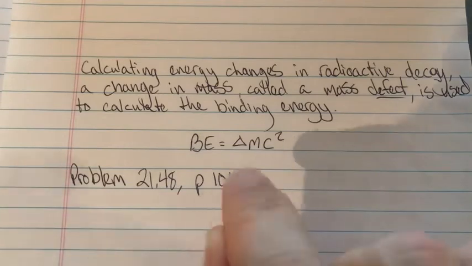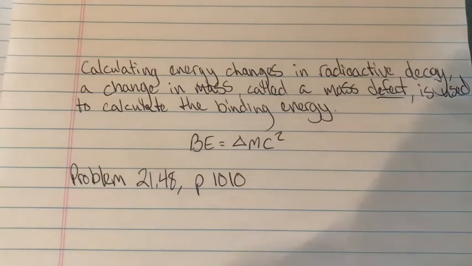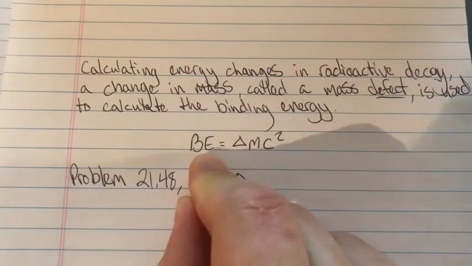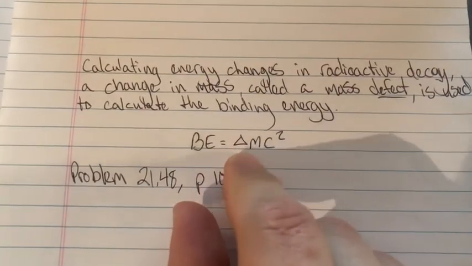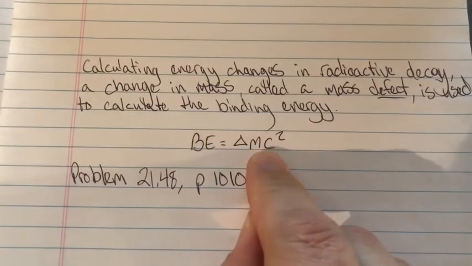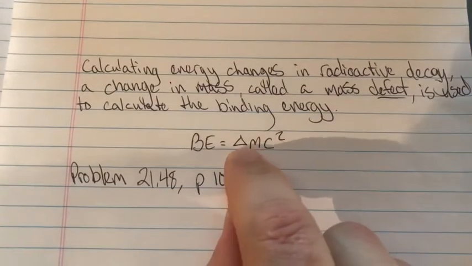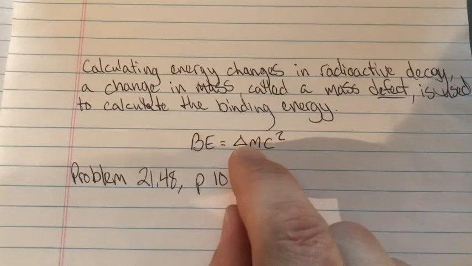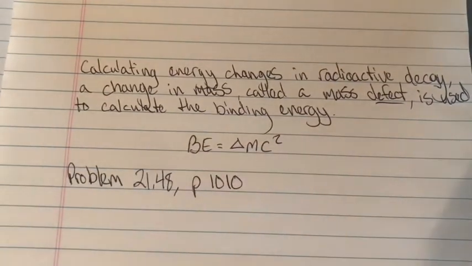So per Einstein's equation, your binding energy, or capital B, capital E, is equal to change in mass times the speed of light squared. So what the change in mass is going to be is really going to dictate what the binding energy is going to be.